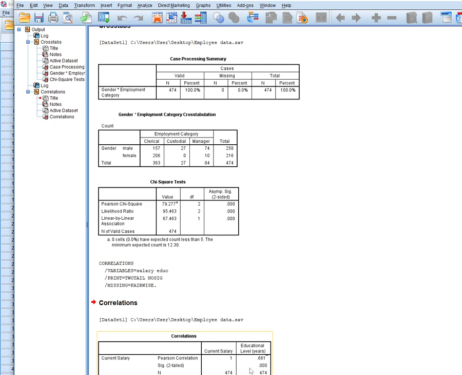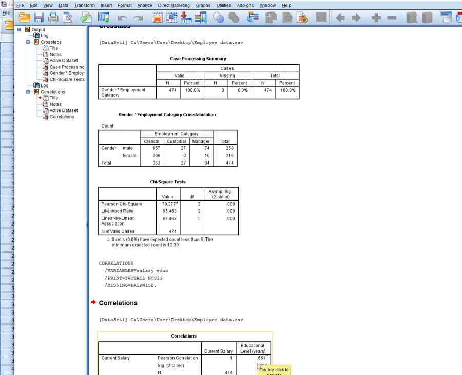But correlation doesn't tell cause and effect. So you cannot say education is the one solely making current salary increase. No, but we just say as someone's education level was increasing, their salary was also increasing. That's a positive relationship. In terms of strength, we said the cut point is 50%.